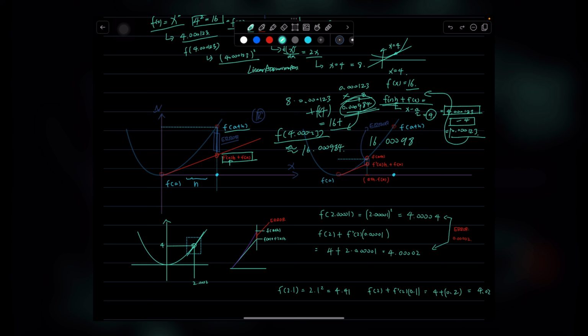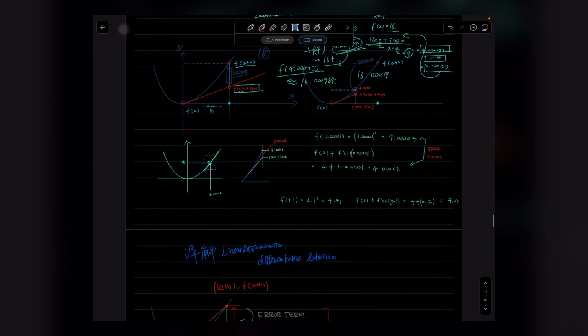We could conclude that the linear function we designed could simulate the behavior of f equal to x squared well enough around this neighborhood of x equal to 4.